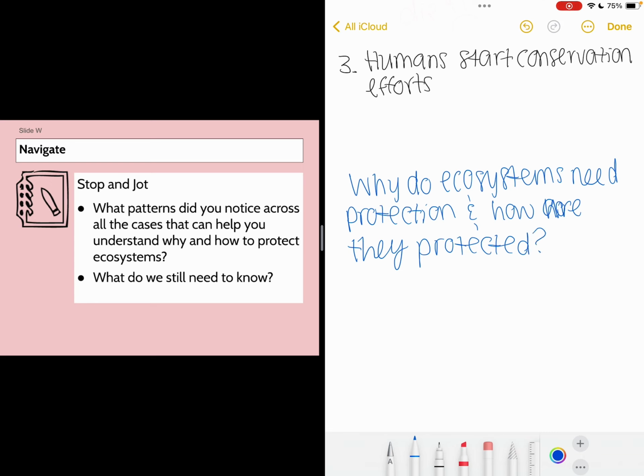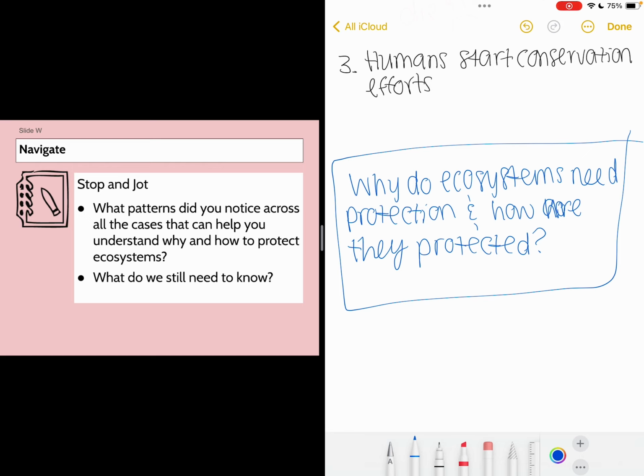If I told you to write a 5-page paper on this question, could you do it based off of what you know from other profiles as well as your conservation profile? I don't think you'd be able to. There are still what-if questions that we need to know.